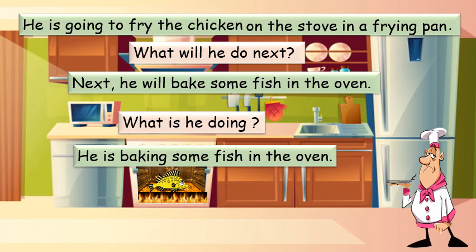Now we have future tense and present continuous tense. What's the question? What is he baking in the oven? The question: what will he bake in the oven? The question: who is baking some fish in the oven?